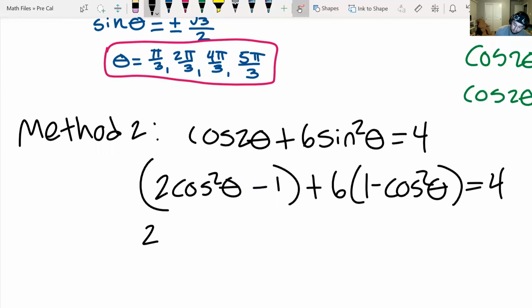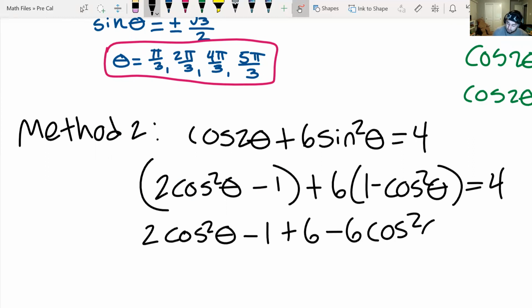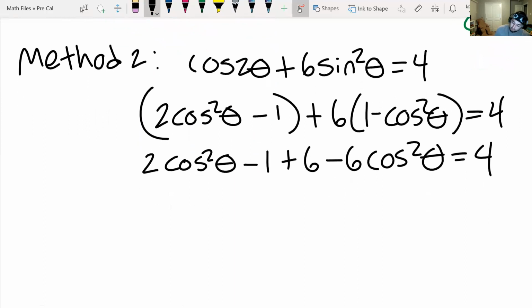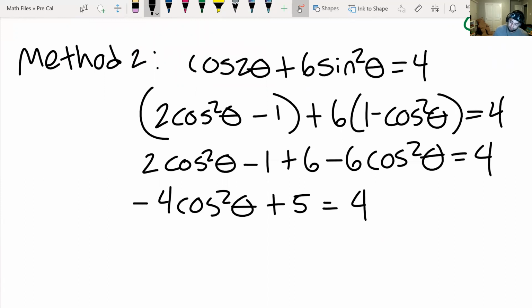Then I get 2 cosine squared theta minus 1 plus 6 minus 6 cosine squared theta equal to 4. Combine like terms, I get negative 4 cosine squared theta plus, what's that, 5 equal to 4.